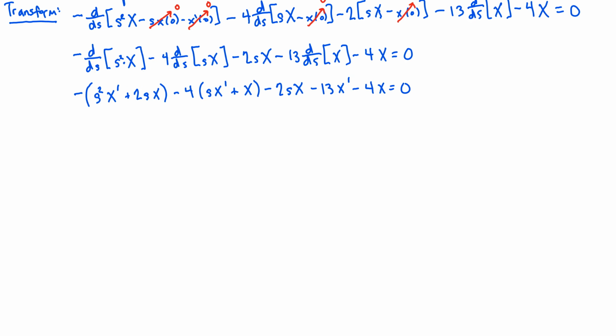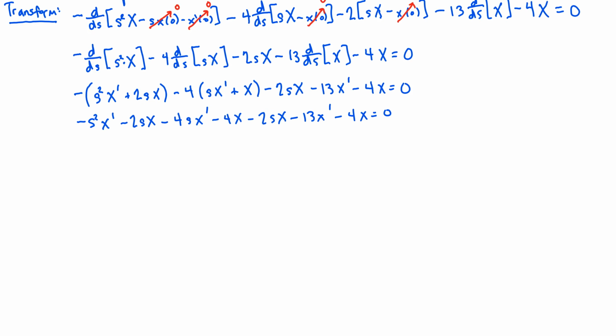Now, let's group our x prime terms together and our x terms together. So I'm going to distribute negative s squared x prime minus 2sx minus 4sx prime minus 4x minus 2sx minus 13x prime minus 4x equals 0.